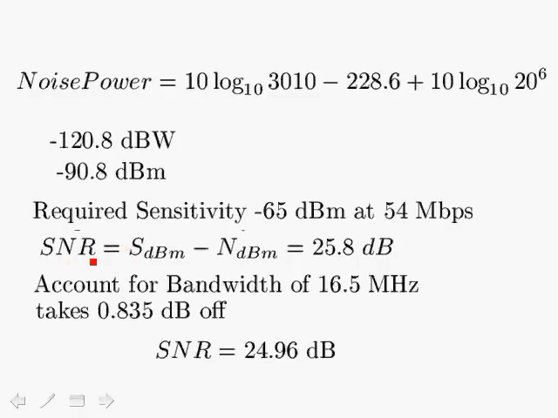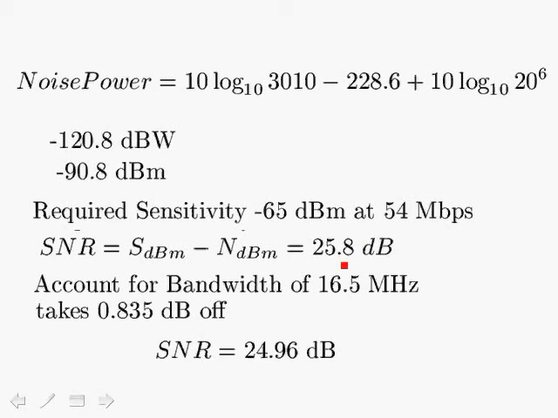So the signal-to-noise ratio is equal to the signal power in dBm minus the noise power in dBm. So we have minus 65 dBm minus the noise power in dBm, which is minus 90.8 dBm. So we obtain for the signal-to-noise ratio 25.8 dB.